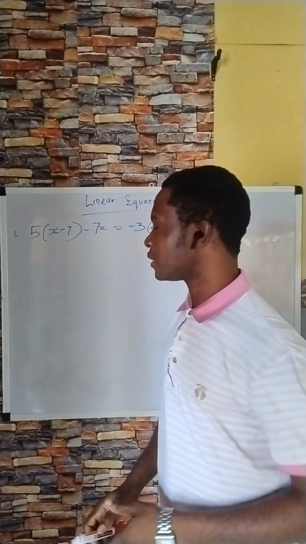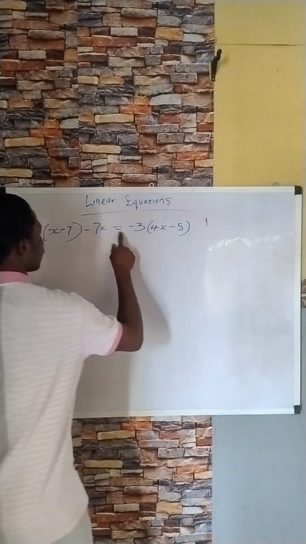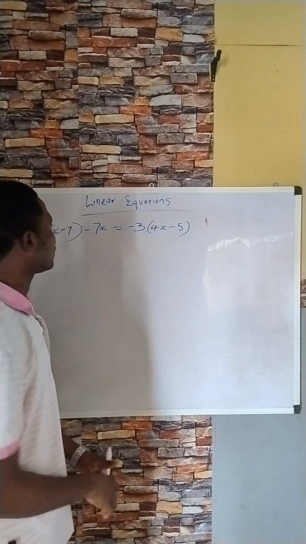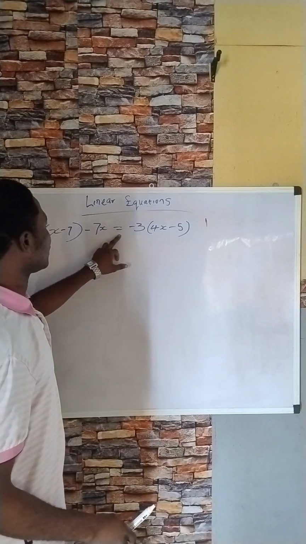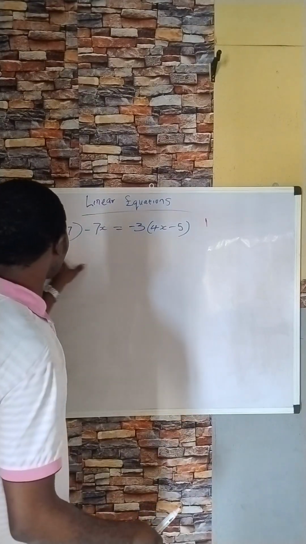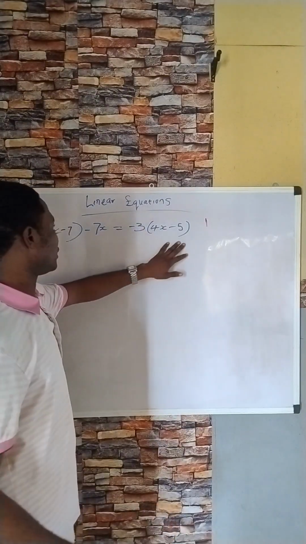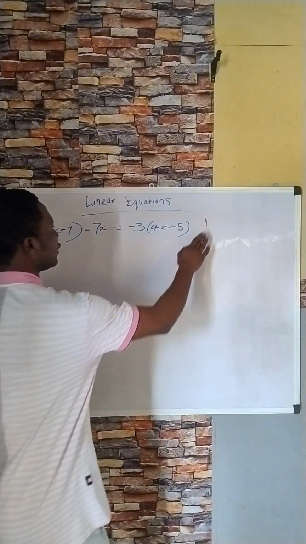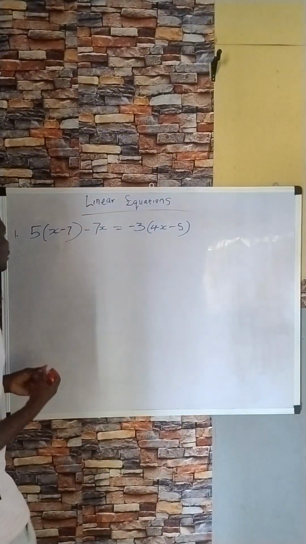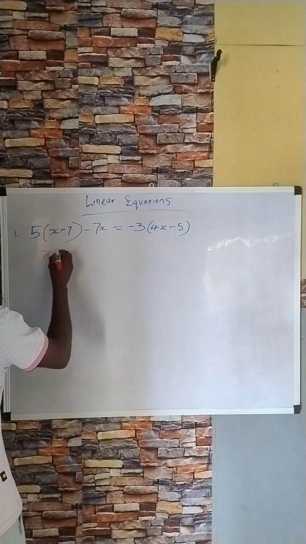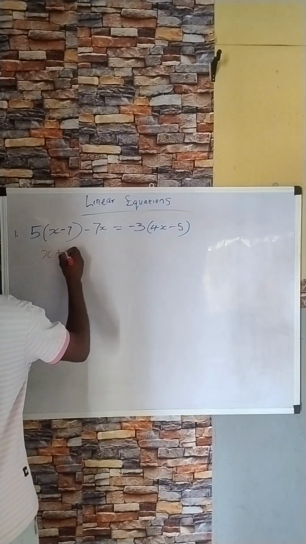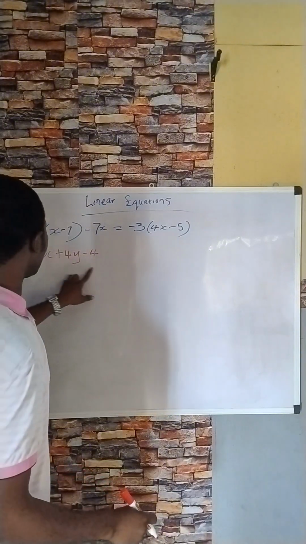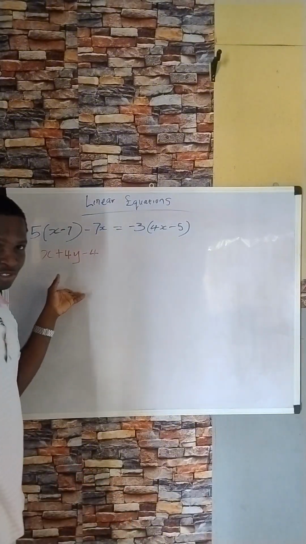Another thing you have to note is that this is what qualifies this to be called an equation: the equality sign, equal to. The equality sign is what qualifies the example we have here to be called an equation. If it was written in this form, x plus 4y minus 4, this will not be an equation, this will be an expression.